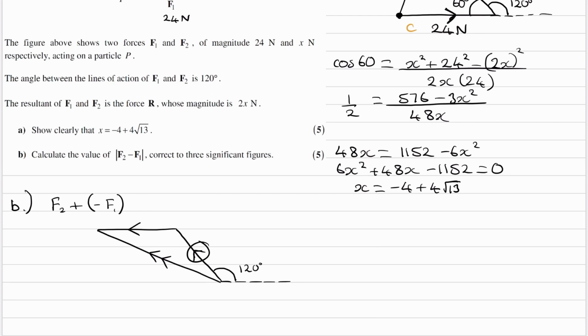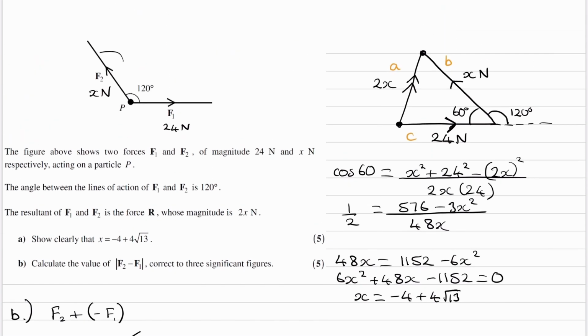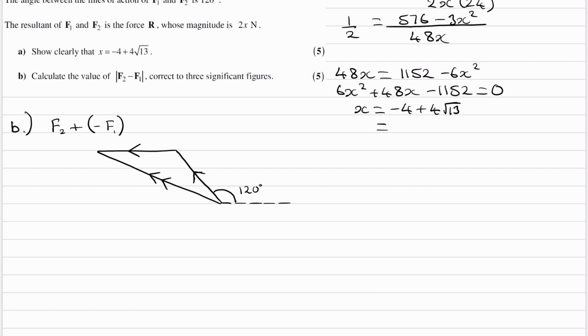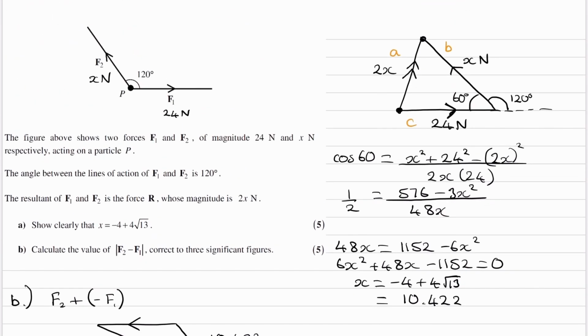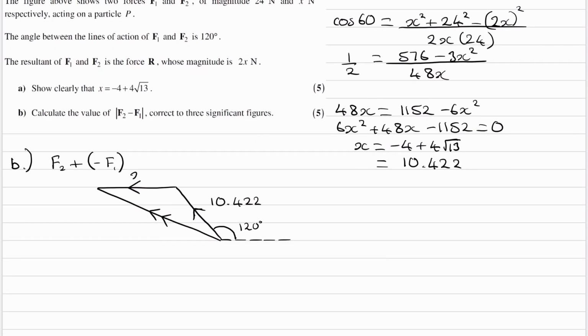This was F2. F2 is x newtons. x is what we worked out down here. So that's minus 4 plus 4 root 13. I'm going to write that as a decimal. So 10.422. So that's what we have here. This is F2. And then F1. F1 was the force that was equal to 24 newtons. So let's have that up here.